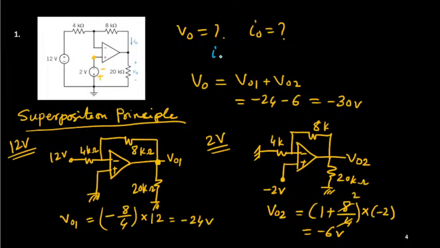How to find I0? I0 is the current through this one. So what is the node potential here? What is the node potential? This potential and this potential will be the same. It is your minus 2 volt.